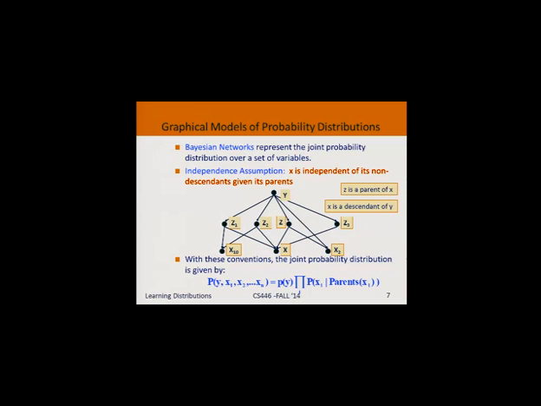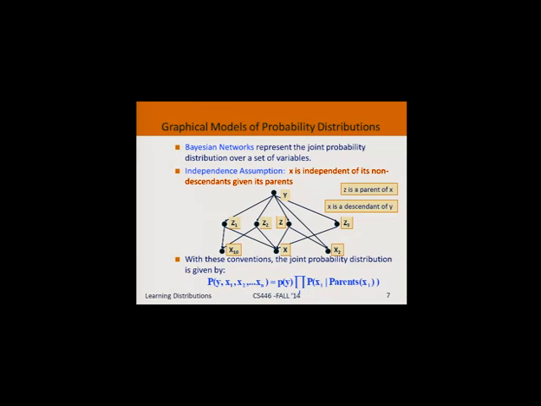So here we're going to make another independence assumption that will be clear in a second. So first of all, I have nodes here. I have edges, directed edges. And it's a graph. It's a directed graph, and it's acyclic. So there are no directed cycles. So just a definition.